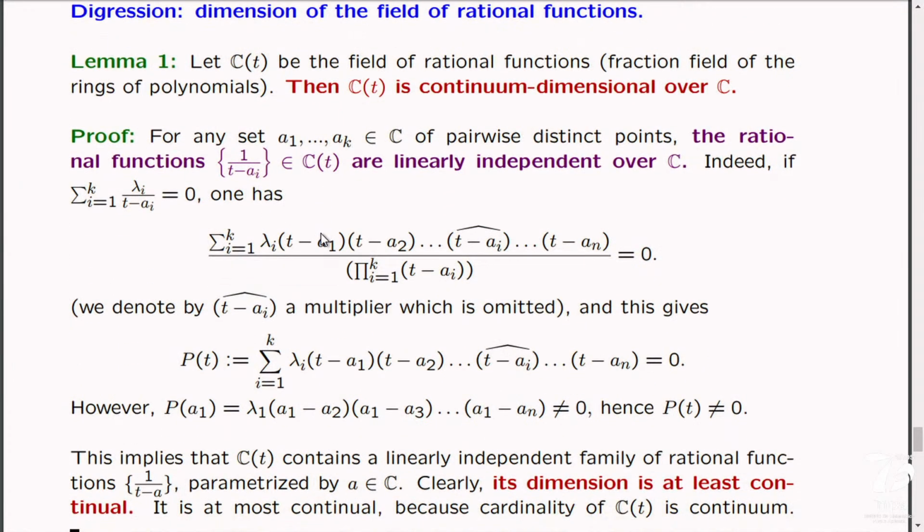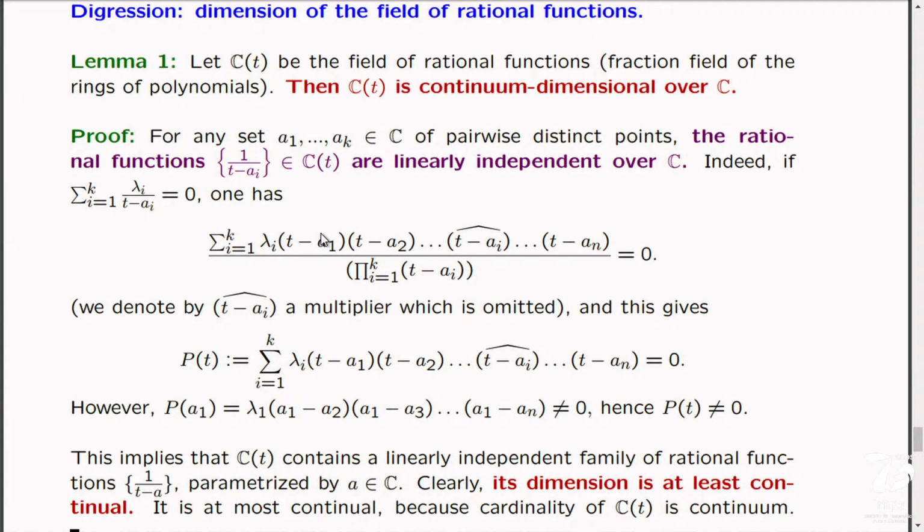Before I go on, I will tell you about the dimension of the field of rational functions. The point is that, suppose you increased your field of complex numbers. This means that you added an element to the complex numbers.